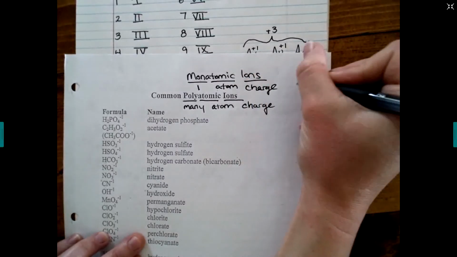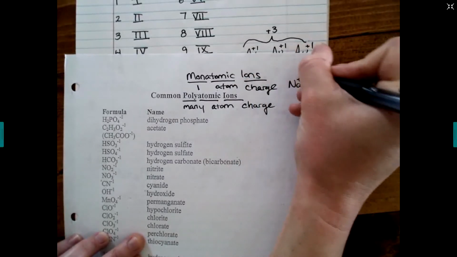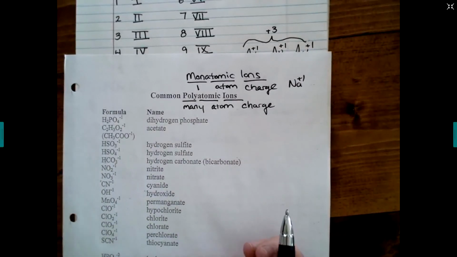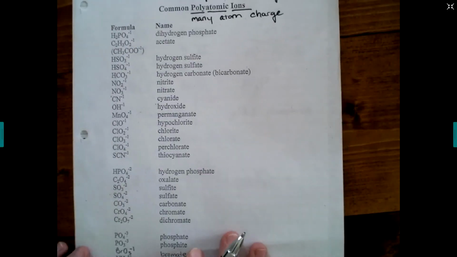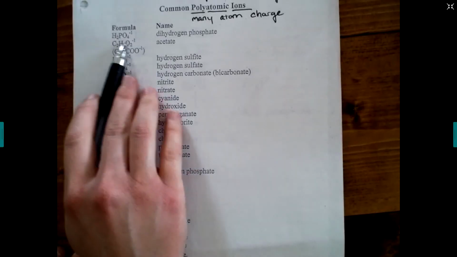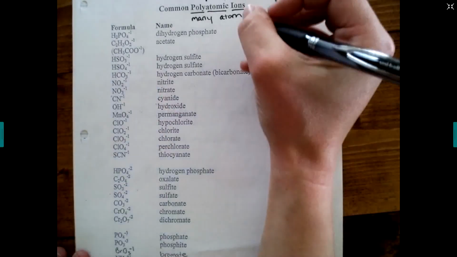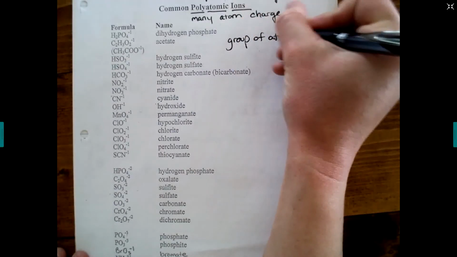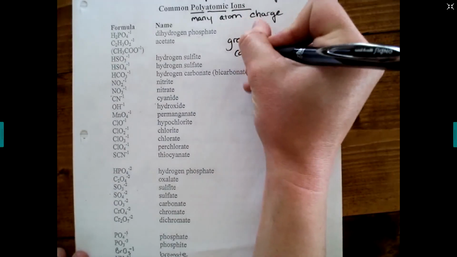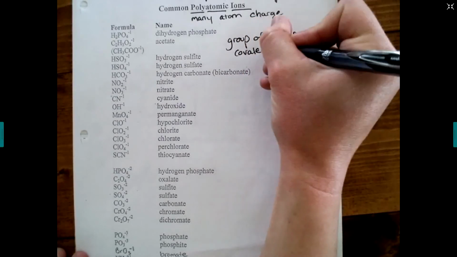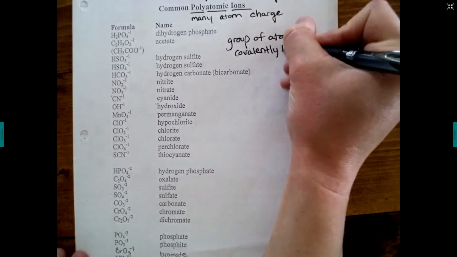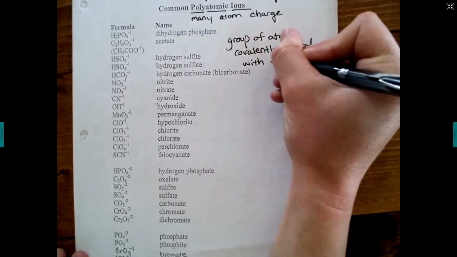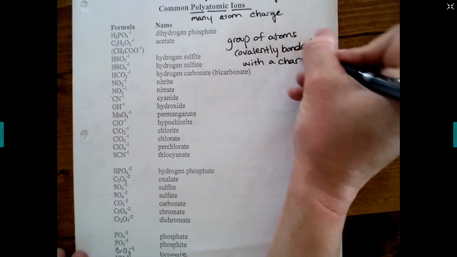For example, sodium ion looks like this. But for your list of polyatomic ions, you'll notice that you don't have single atoms by themselves. You have a group of atoms, and this group of atoms is covalently bonded together, meaning they are sharing electrons, and they all share a charge.